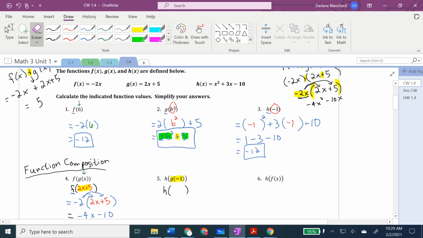And now I'm going to point out we're dealing with h of x, but here it's g of negative 1. If you want to, you could, over on the side, just figure out what is g of negative 1 and then put it in here.